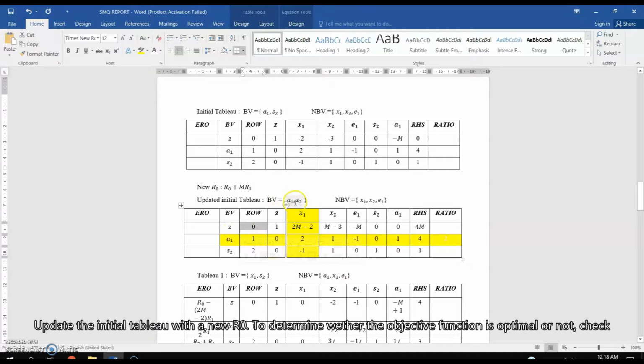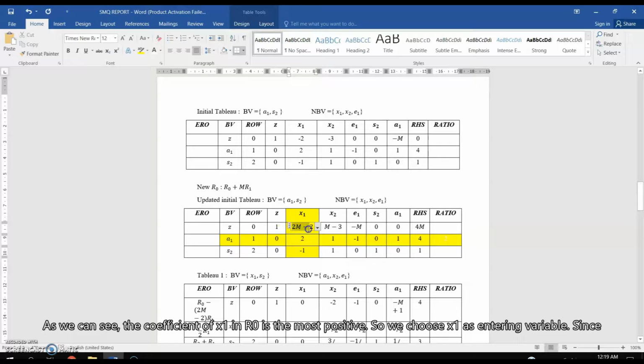To determine whether the objective function is optimal or not, check the coefficients in row 0. For a minimum problem, we need to make sure that the coefficients in row 0 are non-positive. As we can see, the coefficient of X1 in row 0 is the most positive.